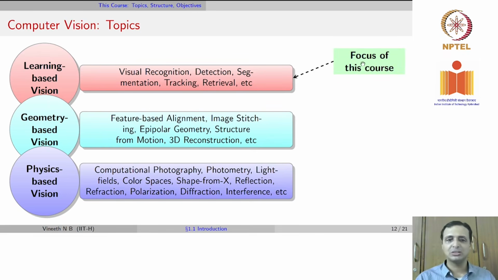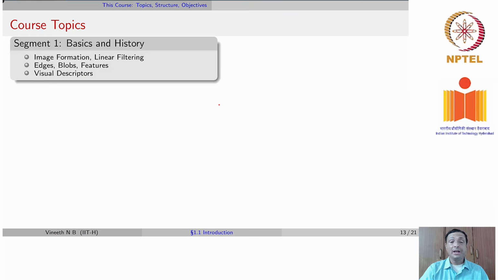And the focus of this course is going to be learning-based vision. And that's the reason this course is called Deep Learning for Computer Vision. In terms of the topics that we will cover in this course, starting from the offering of this course in 2024, we have restructured the topics to align and cater to more recent developments in computer vision in the last few years.